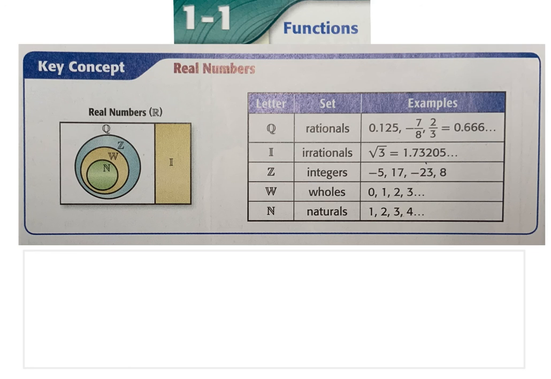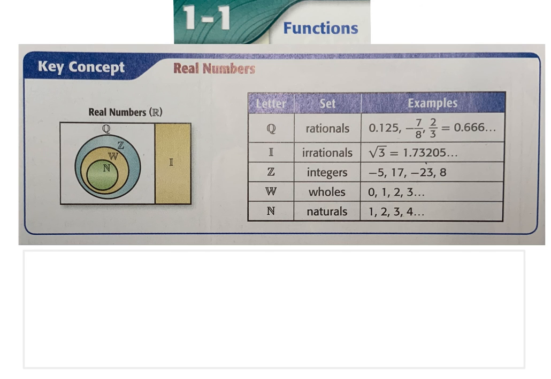Functions. All right, so the first thing that I want to talk about when we introduce functions is some sets of numbers, because we're going to talk about set builder notation and stuff like that. It introduces talking about sets, and these are hopefully familiar terms to you. Natural, whole, integer, rational, irrational, and those are all real numbers. If you'll recall, natural numbers are your counting numbers, 1, 2, 3, 4, 5.